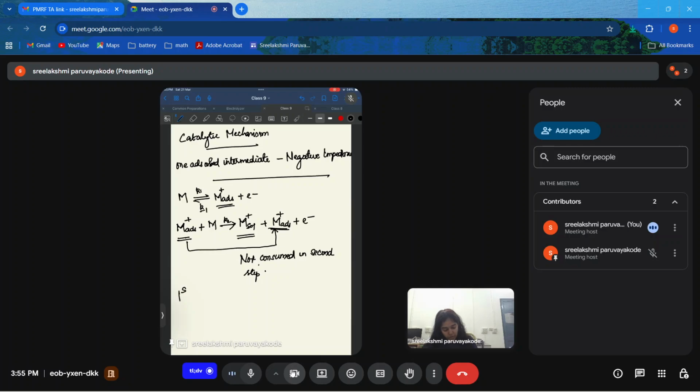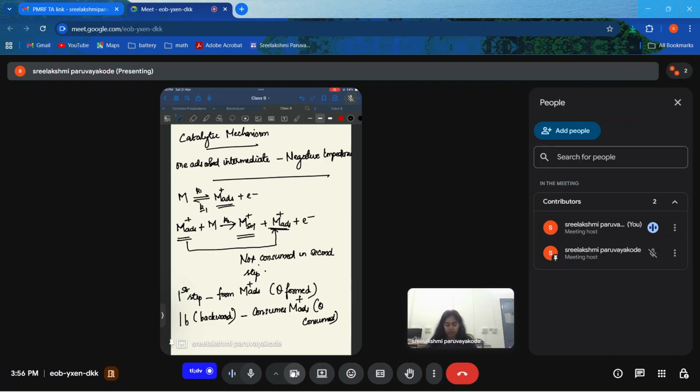So in the first step, you are seeing theta formation, or this means theta is formed. In the backward step, you see MHO plus, or theta, is consumed.